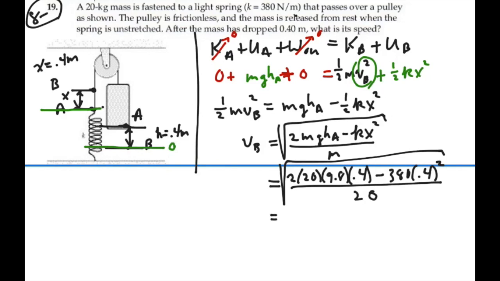If I figure this out, 2 times 20 times 9.8 times 0.4 is 156.8 minus 380 times 0.4 squared is 60.8. All this divided by 20, square root.